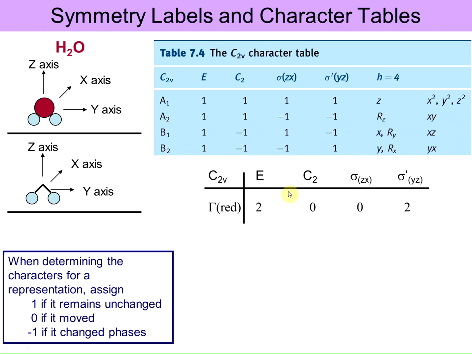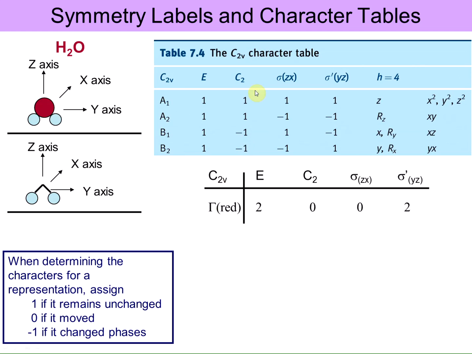And if I look at this, I only have +1 values in the A1 and the B2 columns. So 1 and 1 is 2, 1 and -1 is 0, 1 and -1 is 0, 1 and 1 is 2. So I know that the irreducible representations contained within this are the B2 and the A1.